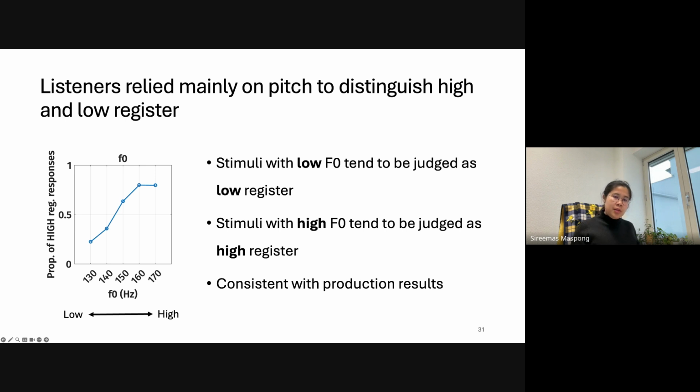We found that stimuli with low F0 tend to be judged as low register, and stimuli with high F0, to the right of the plot here, tend to be judged as high register. And this is consistent with the production results.